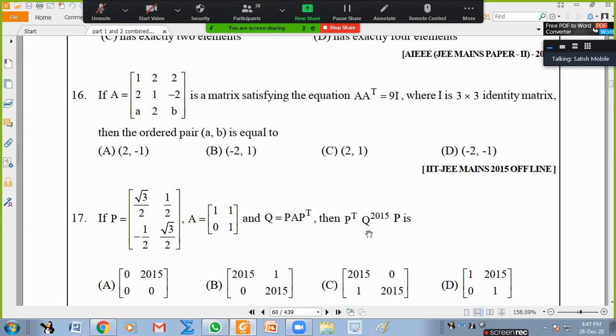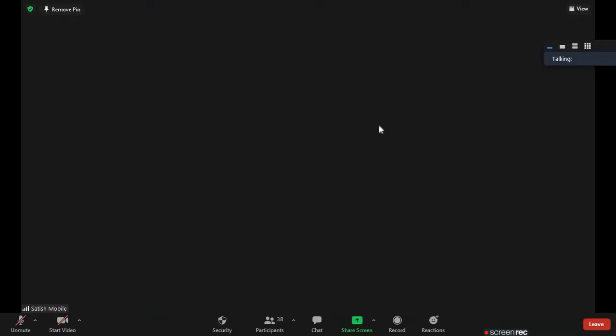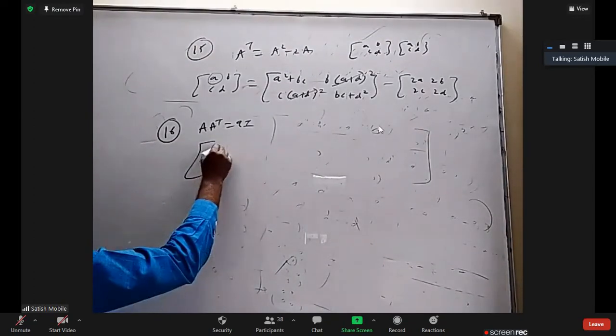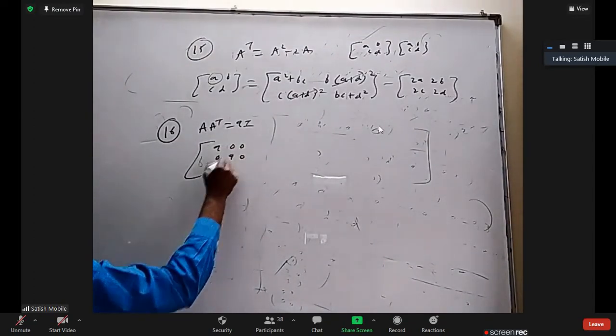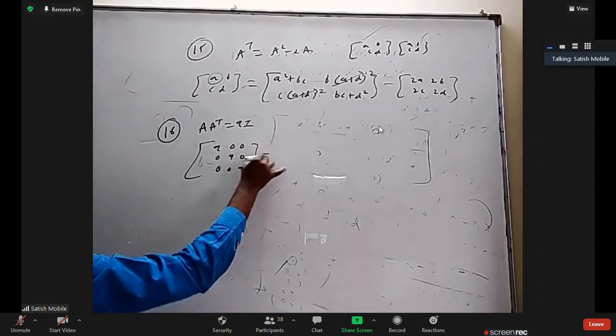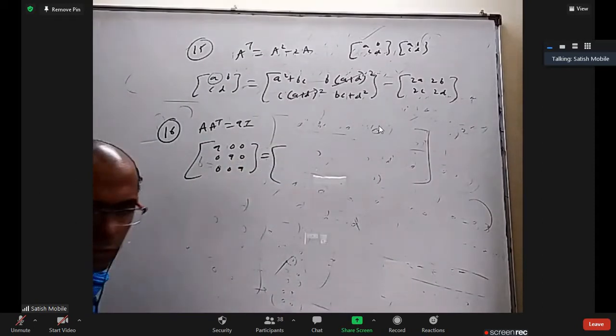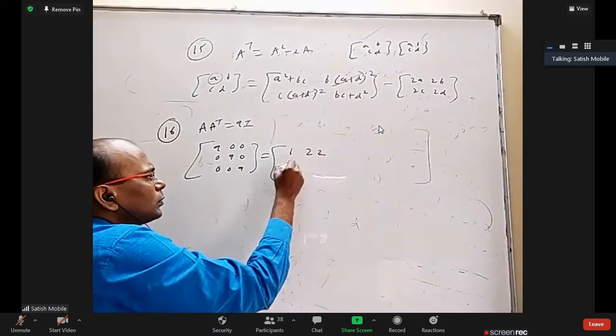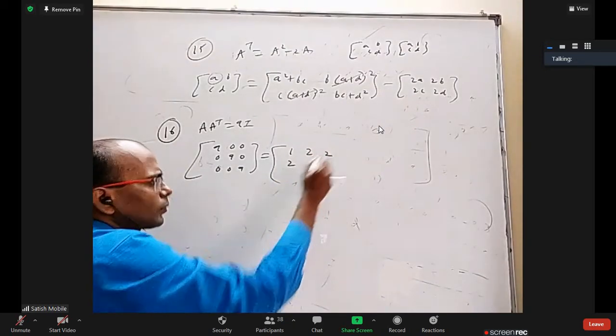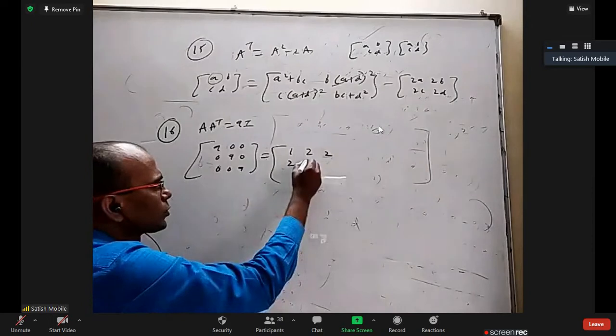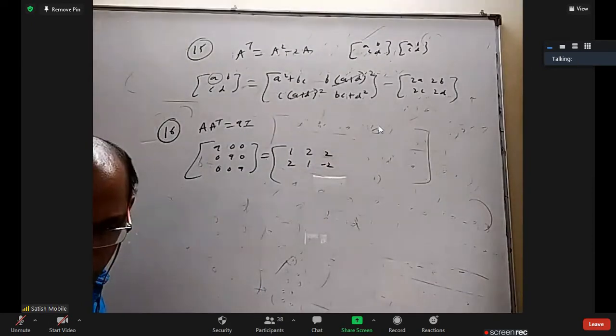A into A transpose equal to 9I. So this is the matrix 9, 0, 0, 0, 9, 0, 0, 0, 9. What is A? A is 1, 2, 2; 2, 1, minus 2; a, 2, b.